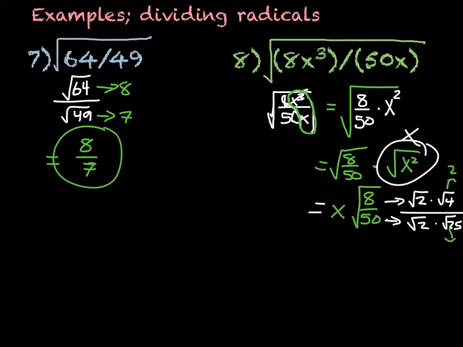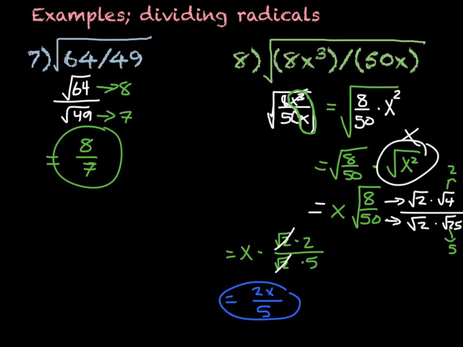Square root of 25 is 5. So if I were to rewrite this, what I have is x times the square root of 2 times 2 over the square root of 2 times 5. Square root of 2 divided by the square root of 2 is going to cancel out.